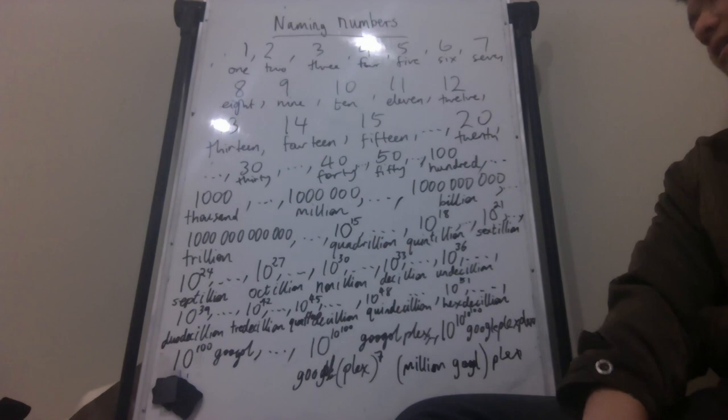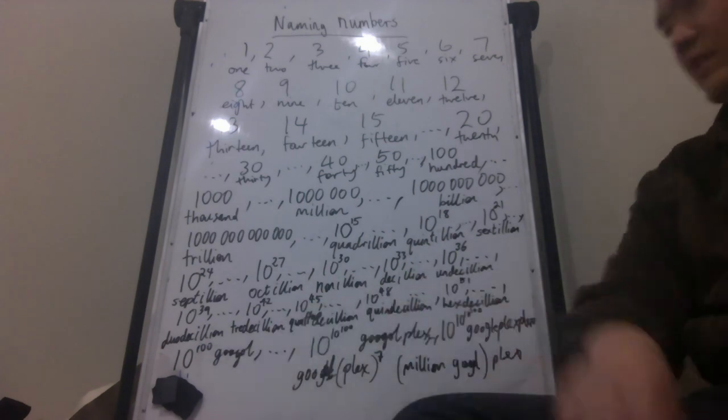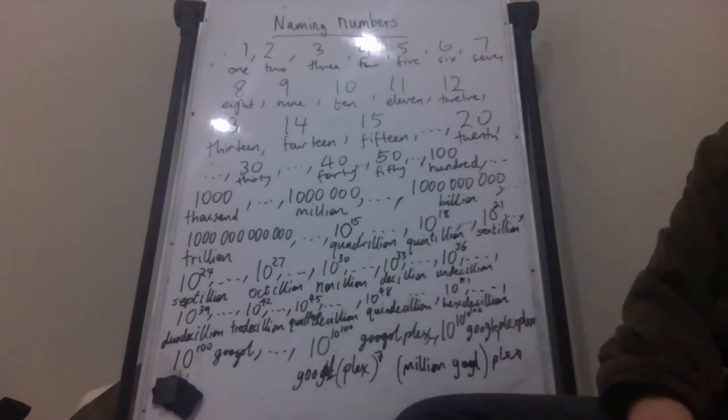Actually, I'm trying to say trillion plexes. Googol means sort of like a hundred zeros.